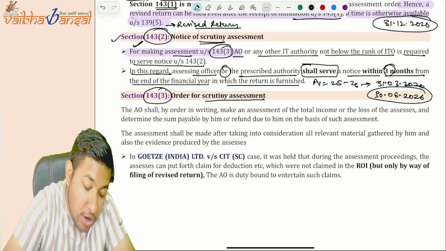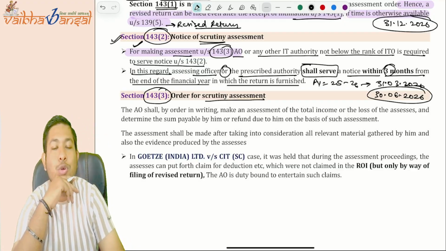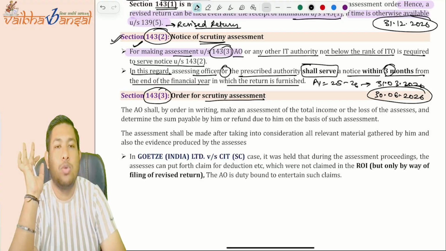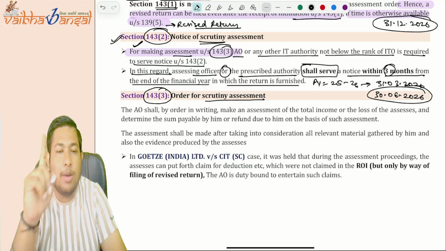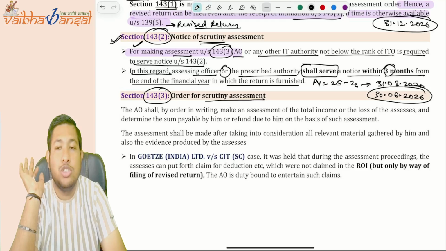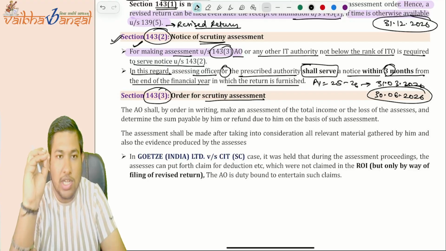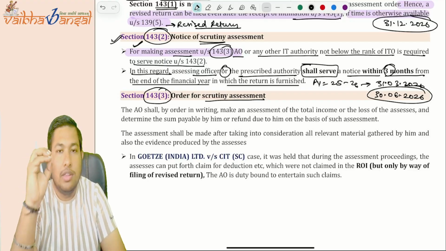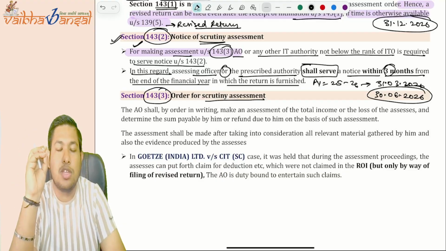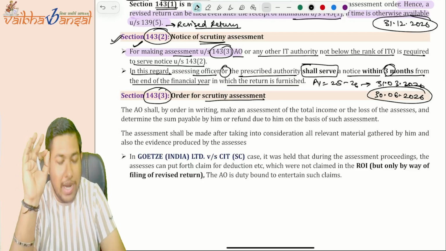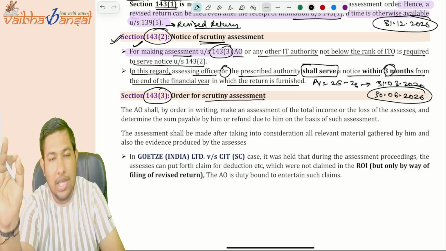The notice under section 143(2) should come to start the scrutiny assessment. If the notice does not come by 30th of June 2026, then no scrutiny assessment can start on you.